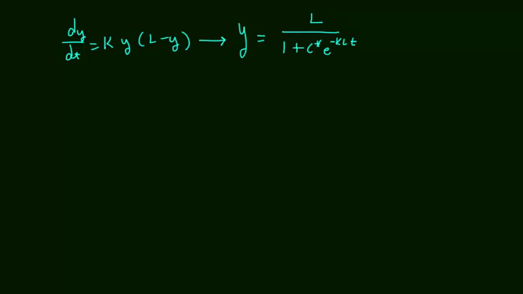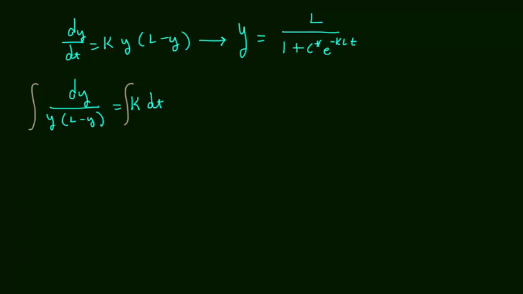Alright, let's begin. I'm going to start by separating the variables. So I have dy over y times (L minus y) equals big K times dt. Going to integrate both sides. And the integration of the left actually requires partial fractions.